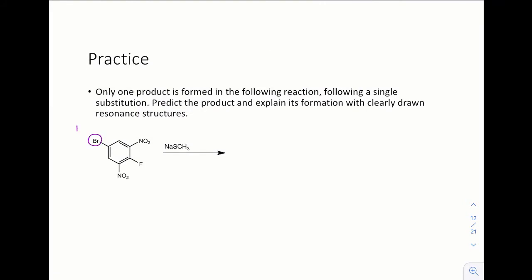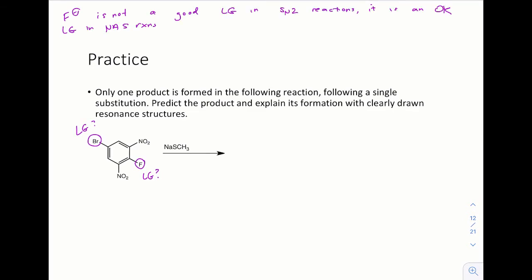There are two potential leaving groups, and it's worth noting that although fluoride is not a good leaving group in an SN2 reaction, it is okay in a nucleophilic aromatic substitution reaction. Thiolate is an excellent nucleophile, and there are two nitro electron withdrawing groups.